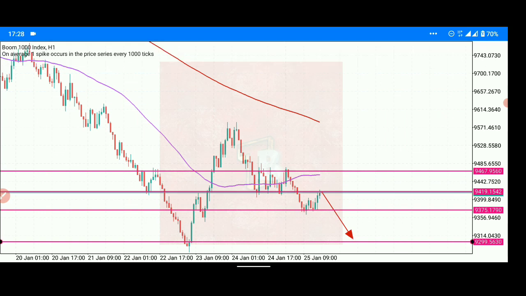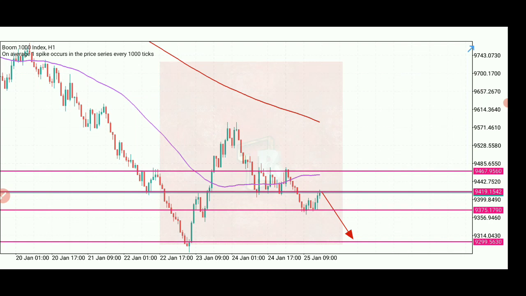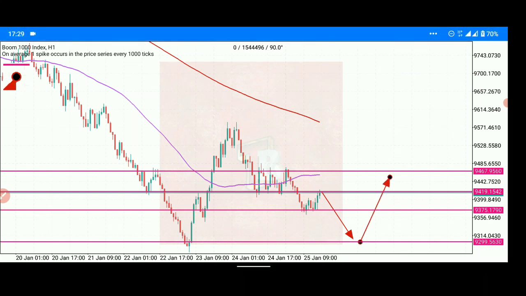This support zone would help us by giving us a confirmation of what is to happen, to give us a W form. We've had the first leg, that is a double bottom formation. That is when you're talking about chart patterns, but we are not doing that today, so we are focusing on the resistance zone.